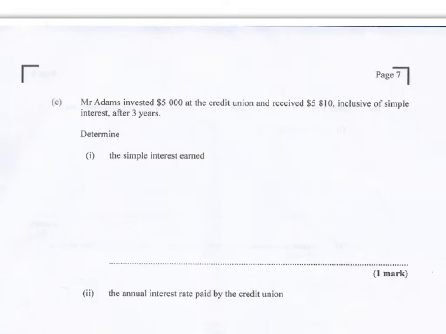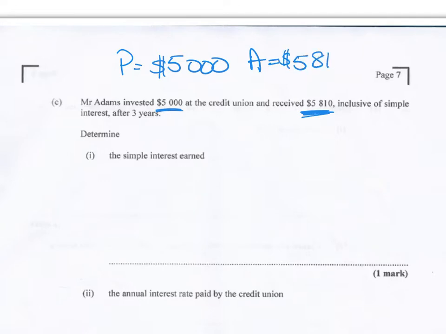To calculate the simple interest earned, we take the amount that he received at the end and we minus it from the principal. So the principal would be 5,000. The amount would be 5,810, and the other information they've given us here is time, which is 3 years.